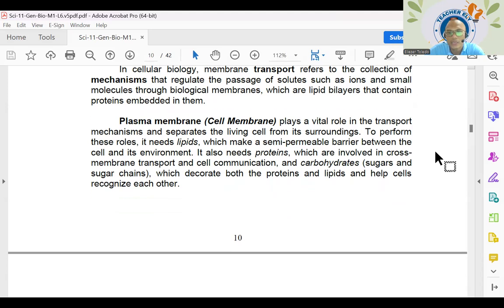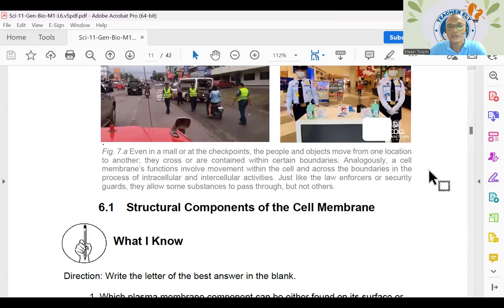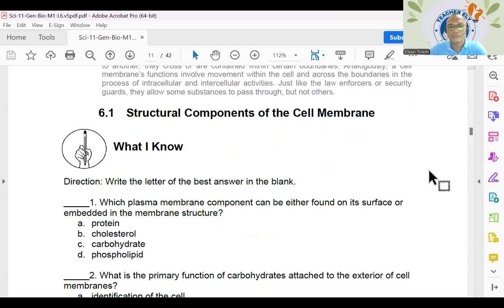It also needs proteins, carbohydrates, and protein lipids to help cells recognize each other. Mag-ila-ila sila. Okay? They also communicate, as mentioned over here. Now, this is just an analogy of a transport mechanism.